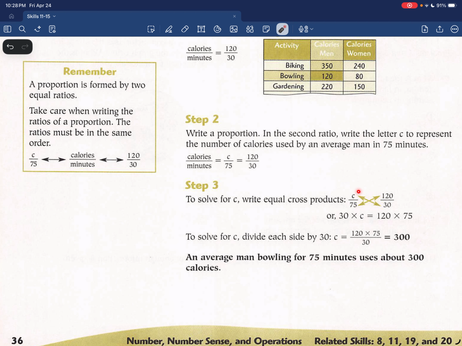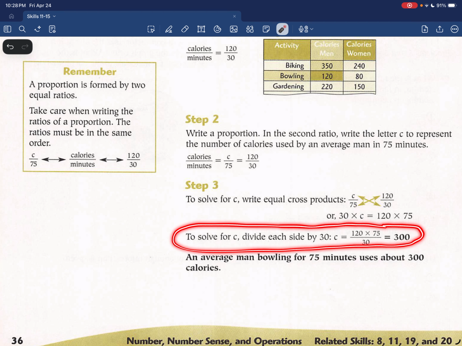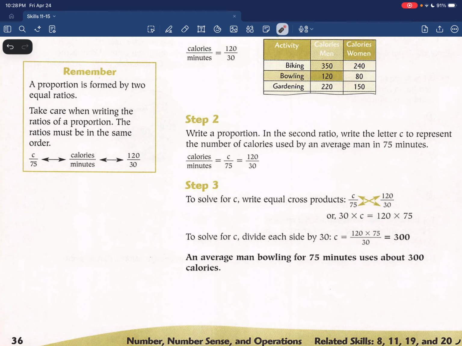They said 30 times C equals 75 times 120. And they came up with an algebra equation. This works. If this makes sense for you, that is perfectly fine. I'm going to use the peanut because that to me has worked best for my students. But if this works for you, you absolutely can do that. Either way, you will get 300 calories.